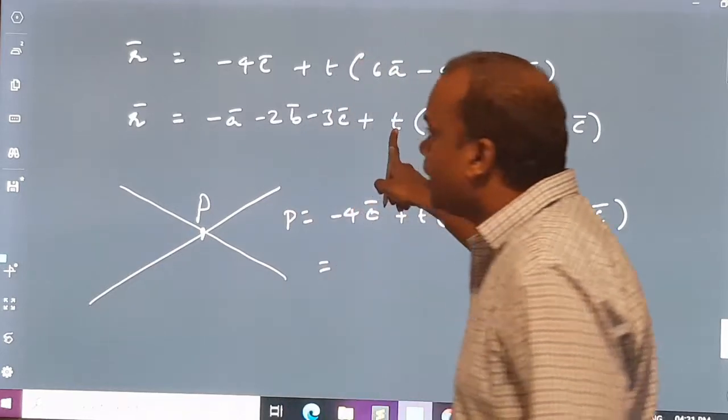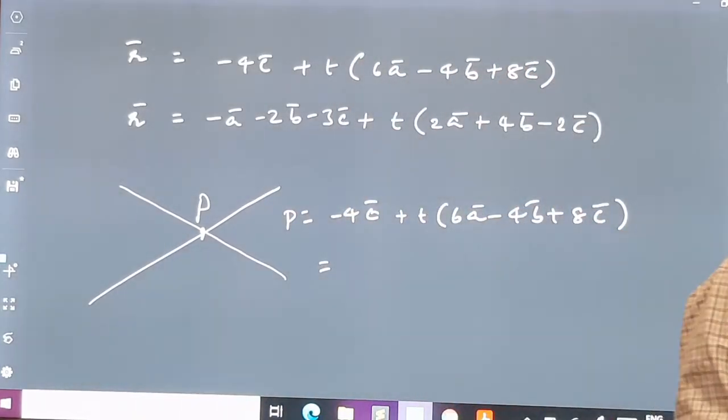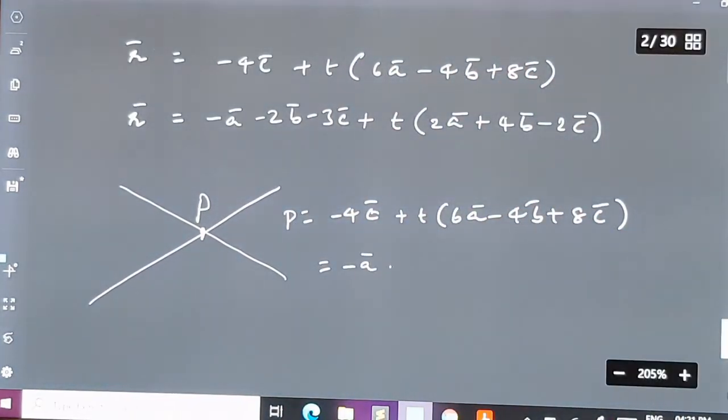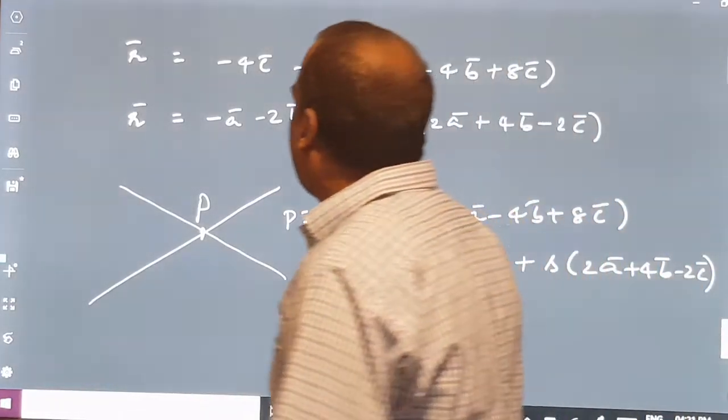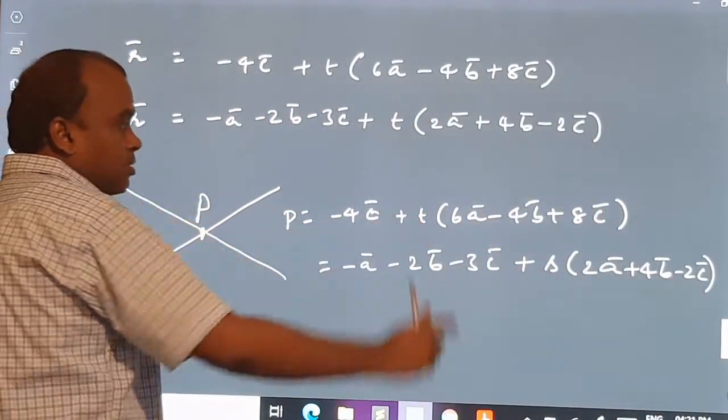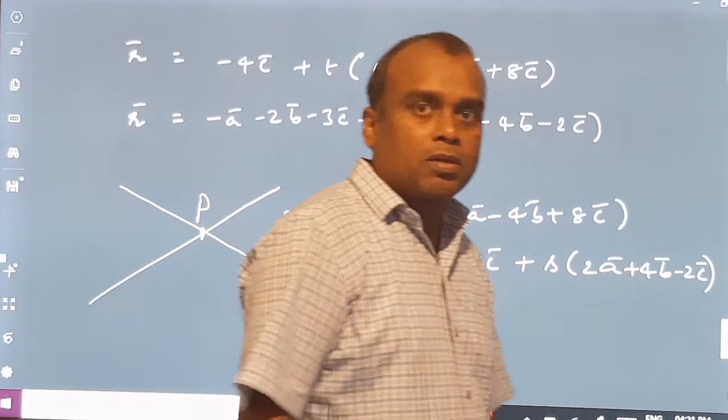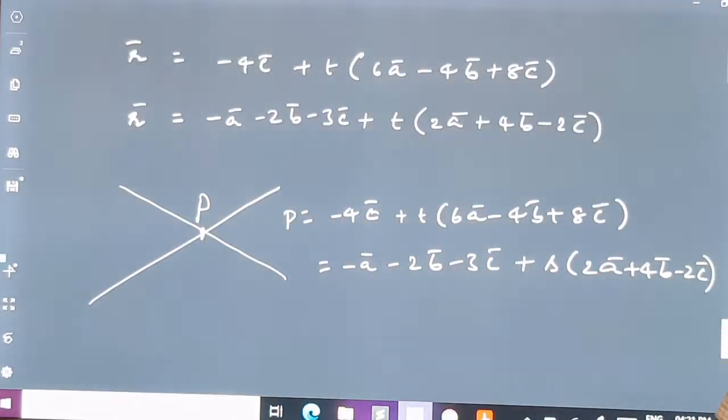In the place of t, I am assuming s there. So it will be minus a bar minus 2b bar minus 3c bar plus s into 2a bar plus 4b bar minus 2c bar. Usually people write t here itself. It doesn't matter. You can use any symbol.